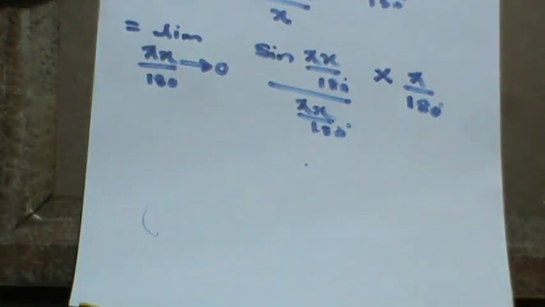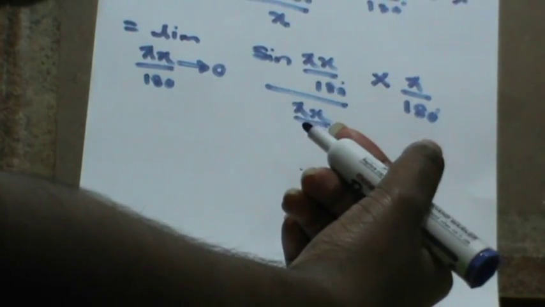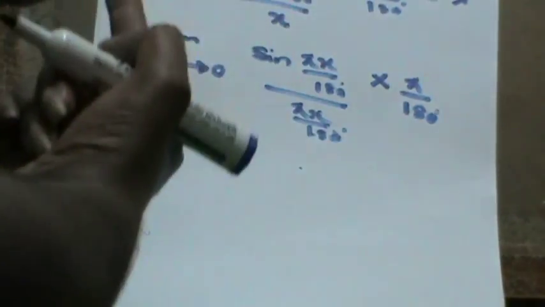I only multiplied the denominator, so I have to multiply the numerator as well. So π is a constant, approximately 3.14 or 22 by 7, so 5π divided by 180 is a constant.